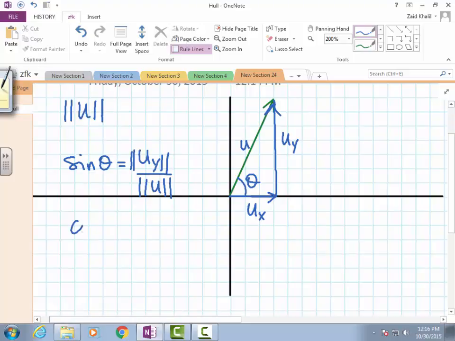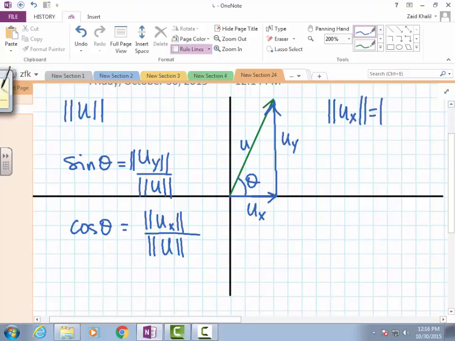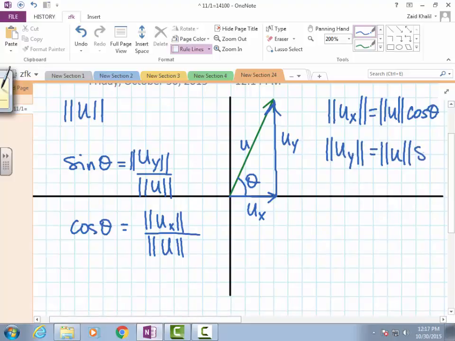And similarly, cosine theta is equal to ux over u. So therefore, I can solve for the magnitudes of ux and uy. In other words, the magnitude of ux is equal to the magnitude of u times the cosine of theta. And the magnitude of uy is equal to the magnitude of u times the sine of theta.